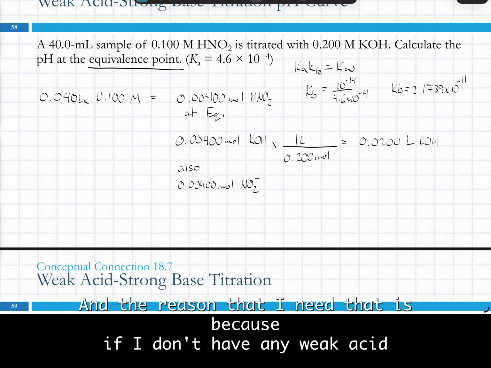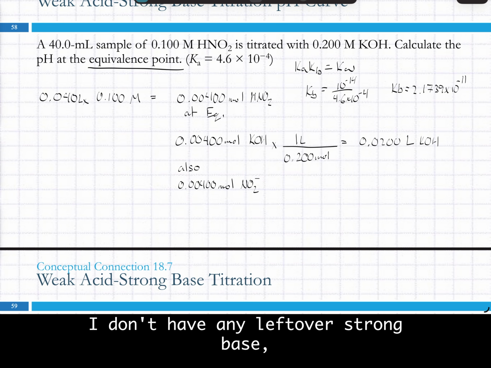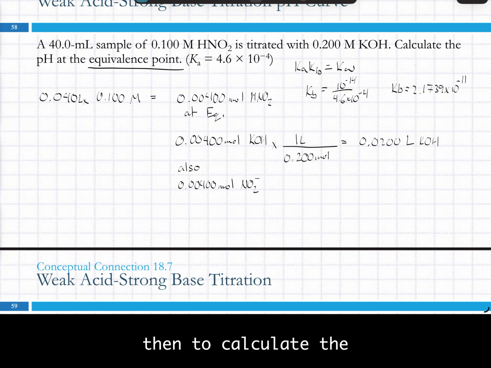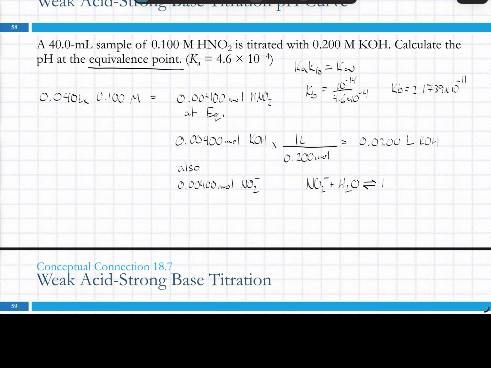The reason that I need that is because if I don't have any weak acid and I don't have any leftover strong base, then to calculate the pH, I have to calculate it for the reaction of NO2 minus plus H2O is OH minus plus HNO2. That's the Kb equation.